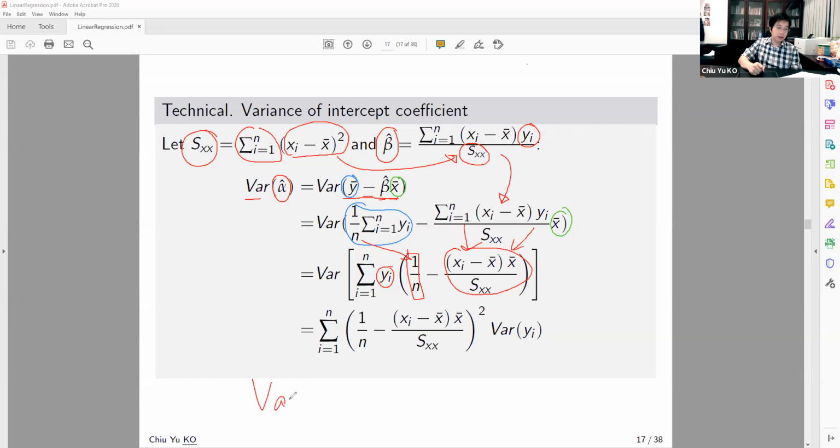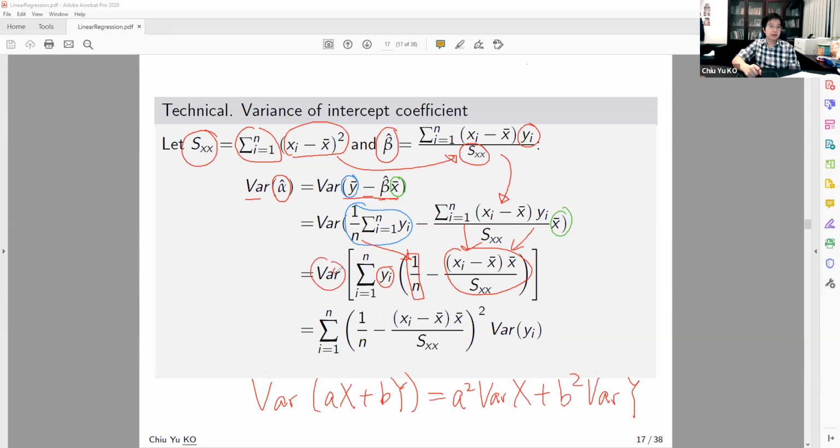The variance of ax plus by is a squared variance of x plus b squared variance of y. So that's why the variance of the sum will be the sum of the variances, and the constants will be squared. The summation is outside, so just get in, and all the constants will be squared.